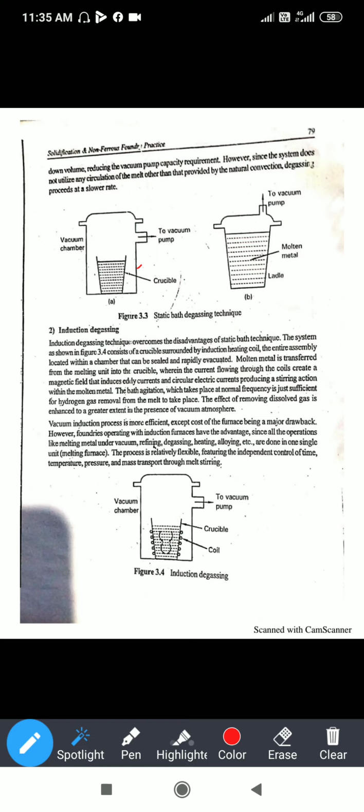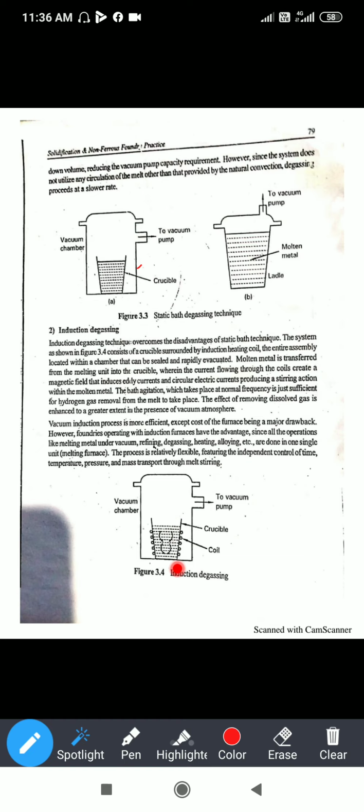Okay, now let us see the induction degasification. You can see in this diagram it is also done in the same vacuum chamber, but here the difference is that the molten metal placed in this crucible cup is surrounded by an induction coil. Power is supplied to that coil, due to which an eddy current or magnetic force is generated, which creates a stirring action within the molten metal.